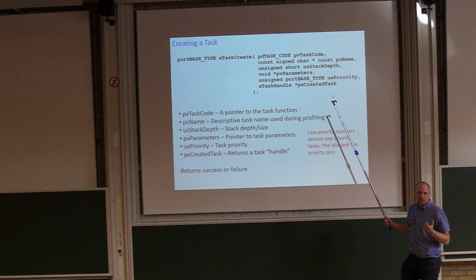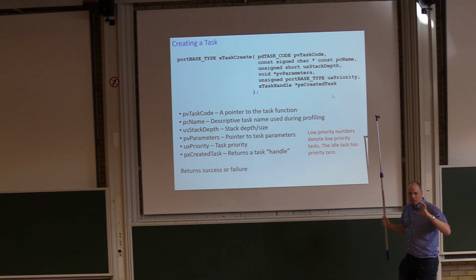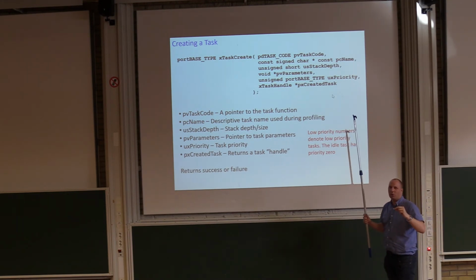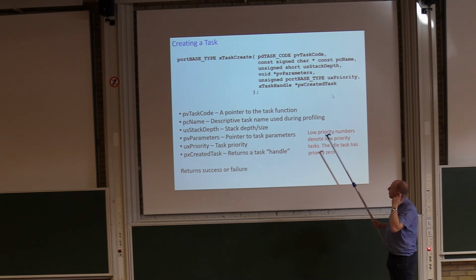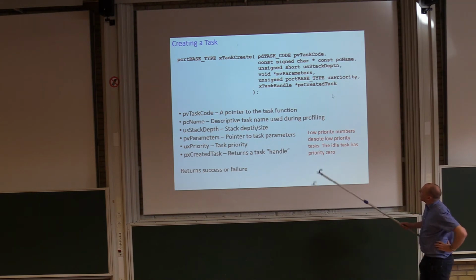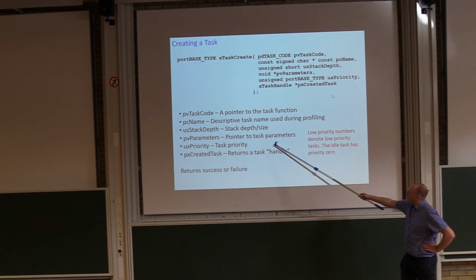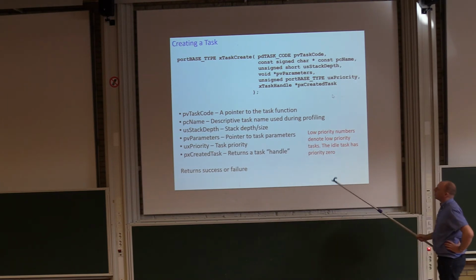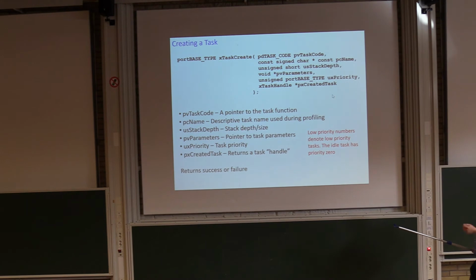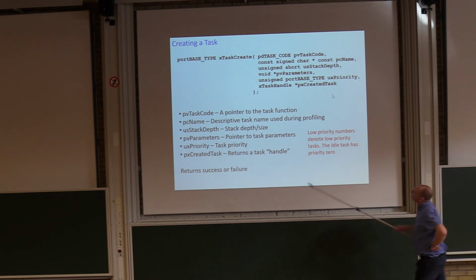Remember, each task had its own stack, at a certain point in memory, where, for example, variables that are local to a function will always be put on top of the stack. Then you could set pointers to the task parameters. You set the priority, and you will also have a handle that you can use to refer to the different tasks.